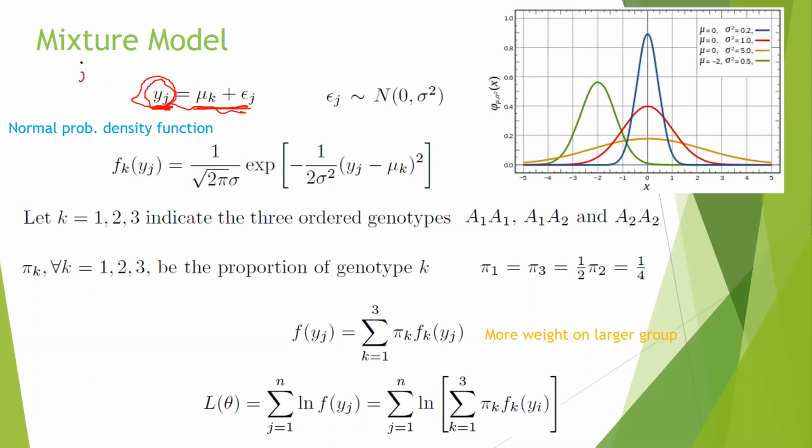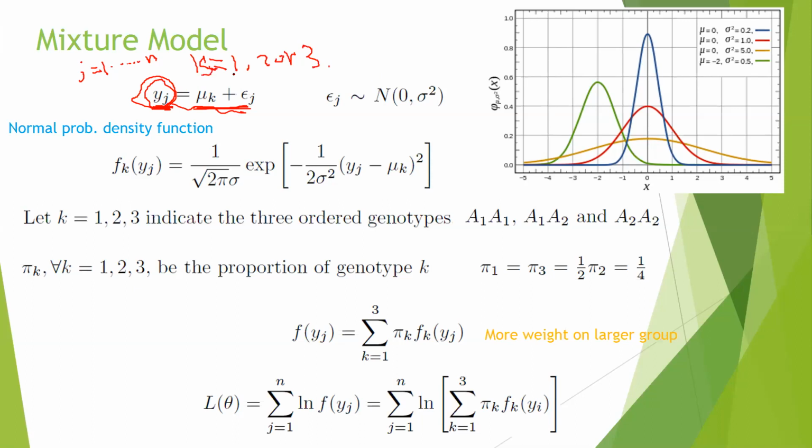Suppose j equals 1 to n, where n is the sample size, and k equals 1, 2, or 3, because here we are talking about an F2 population, and we know there are 3 subpopulations.